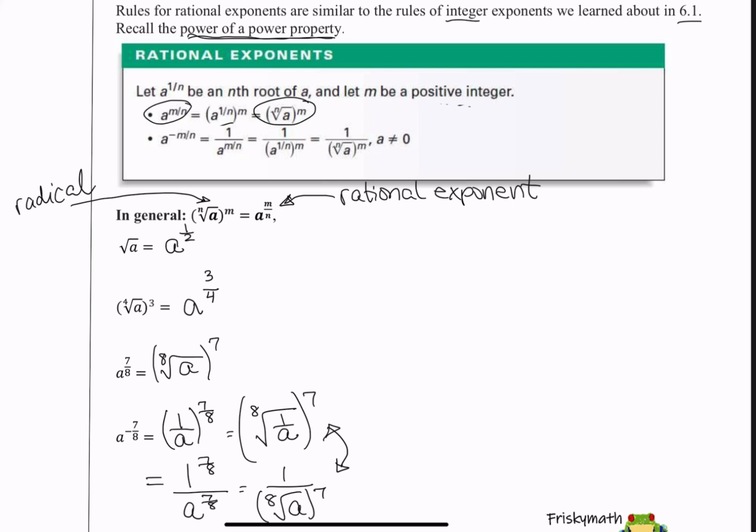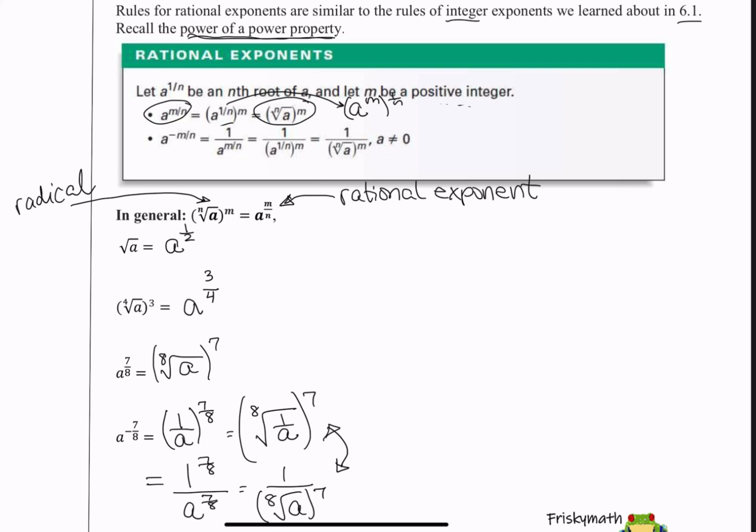Or you could write it as a to the 1 over n, which gives you the nth root of a, and raise that to the m power. I would even argue that you could write it as a to the m raised to the 1 over nth power. That's still going to give you a to the m over n, or the nth root of a to the mth power.